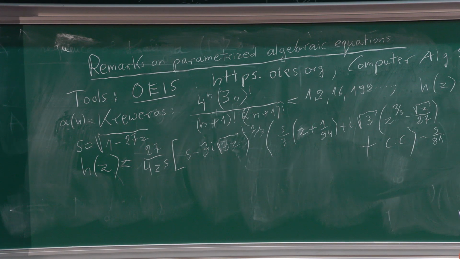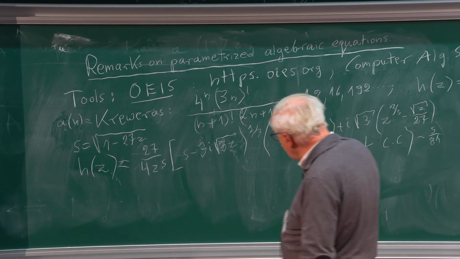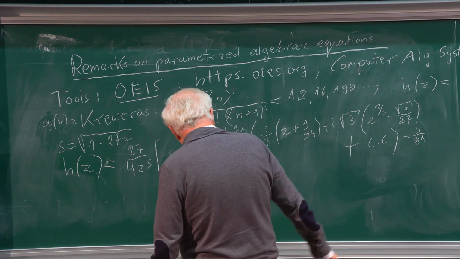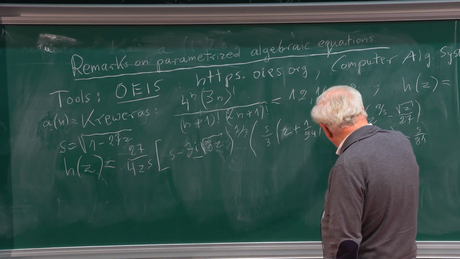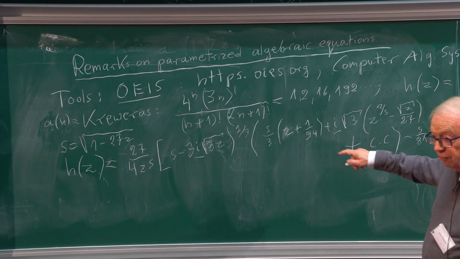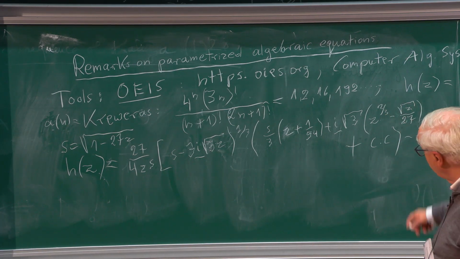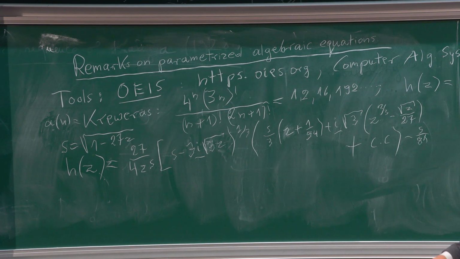Sorry for bad writing. What is important here is that we have here complex numbers, and the function is a real function, and you see from that this is a radical. So this function is algebraic and is explicitly obtained.